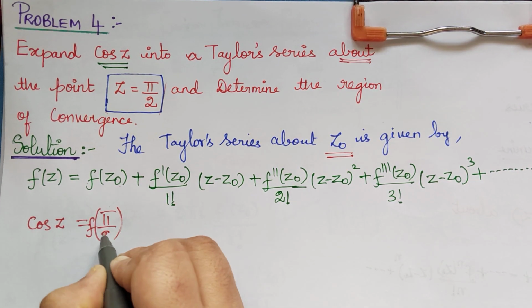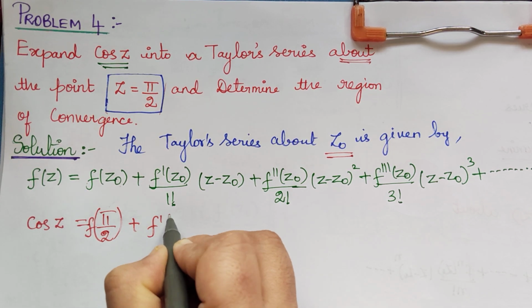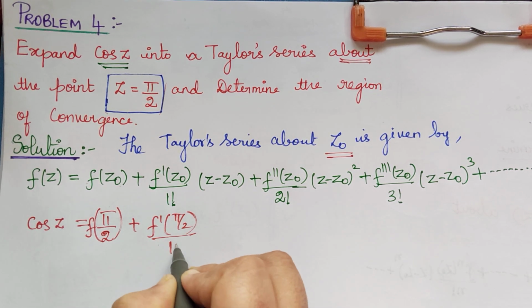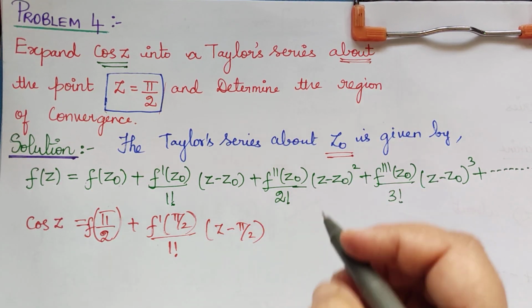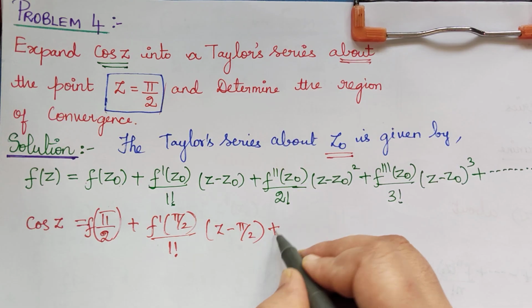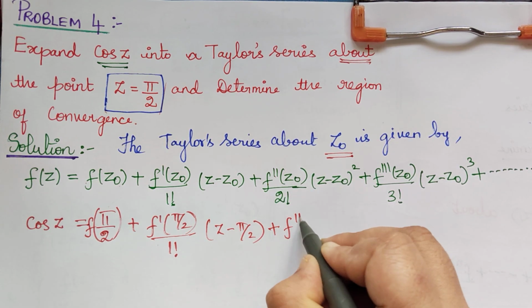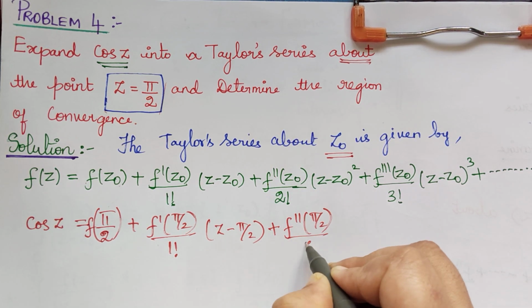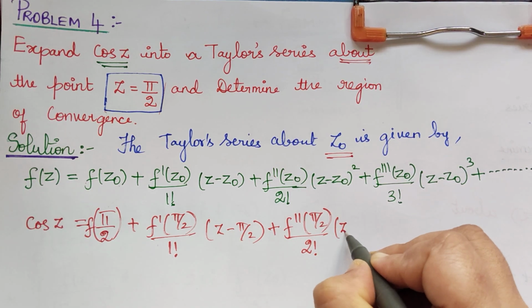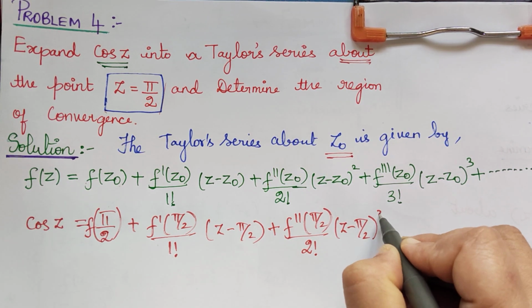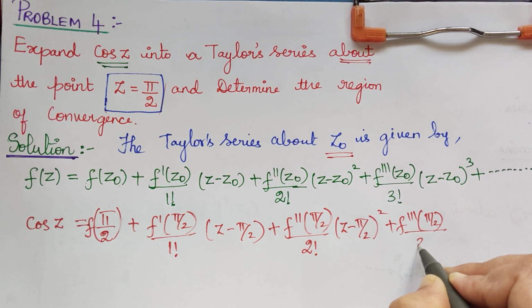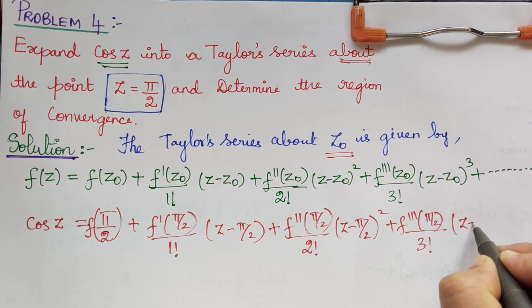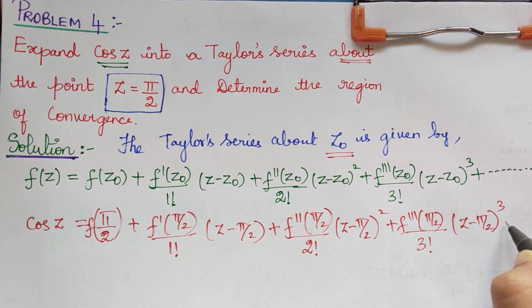So f of pi by 2 plus f dash of pi by 2 by 1 factorial multiplied with z minus pi by 2, since z naught is pi by 2, and plus f double dash of pi by 2 divided by 2 factorial multiplied with z minus pi by 2 the whole square plus f triple dash of pi by 2 divided by 3 factorial multiplied with z minus pi by 2 the whole cube plus etc. The series keeps on going.